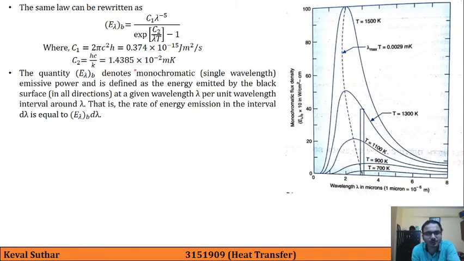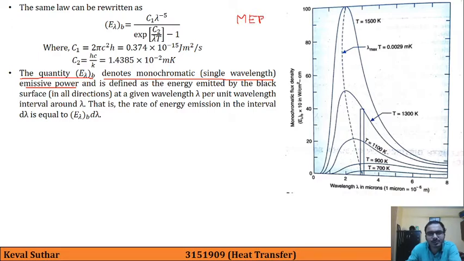Now here the quantity E lambda b denotes monochromatic emissive power. Monochromatic means single wavelength. So I will be using at a few points this short form MEP.